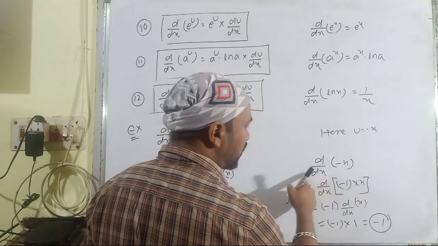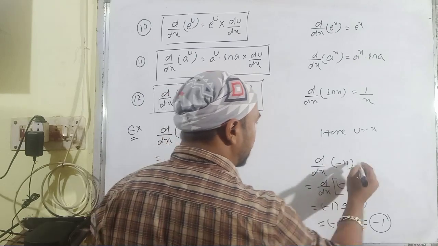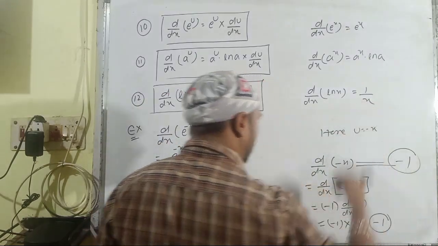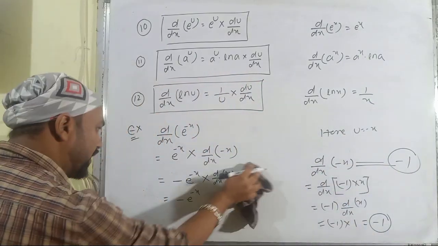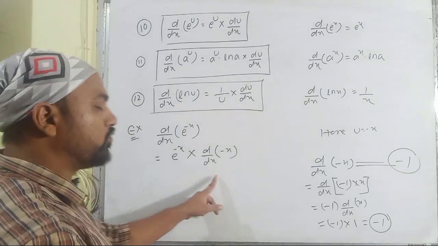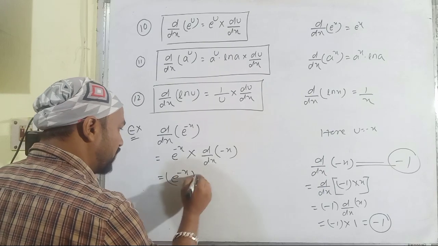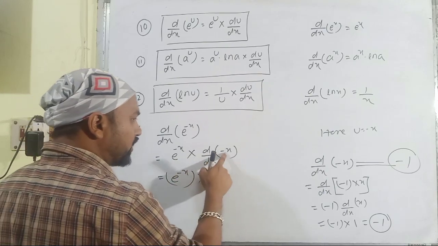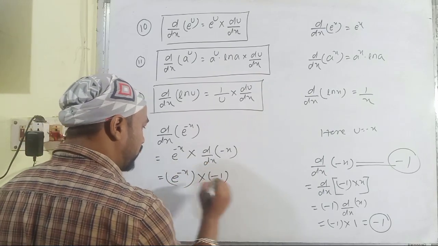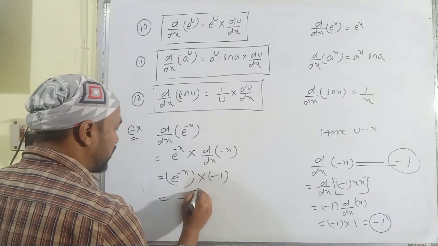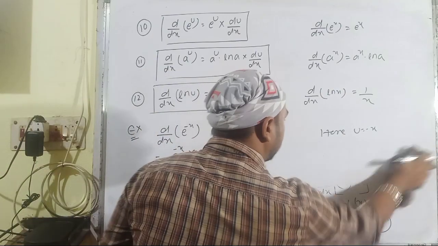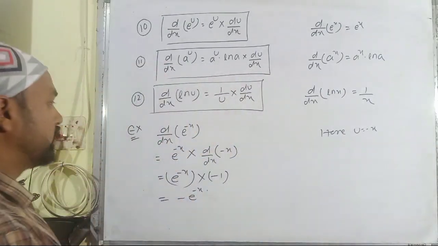So differentiation of minus x is minus 1. So you can directly substitute the values here. It will be e to the power minus x multiplied with differentiation of minus x, which is minus 1. So it will be minus e to the power minus x. Here is the answer.